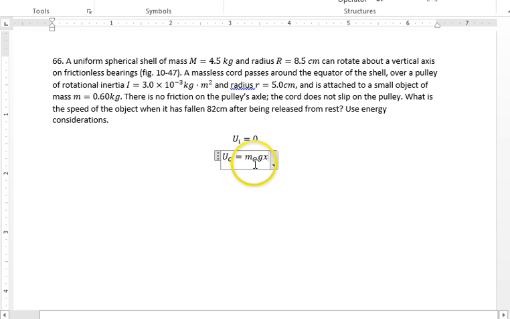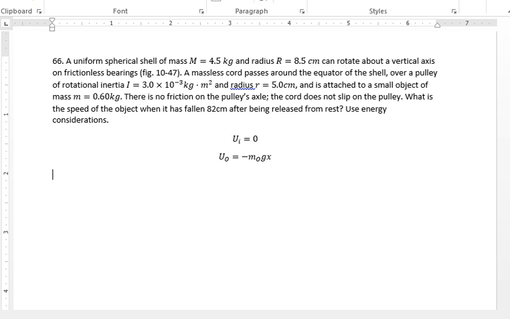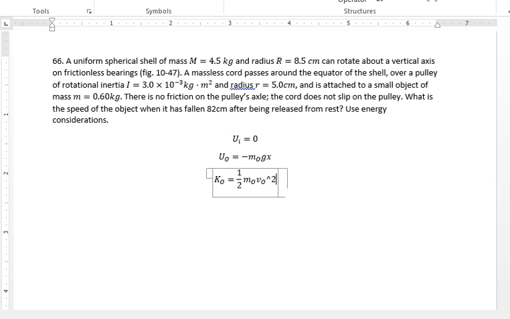We're just going to call that negative, so the potential energy decreases as the object falls. Then there's the kinetic energy of the object, which is 1/2 the mass of the object times the velocity of the object squared.